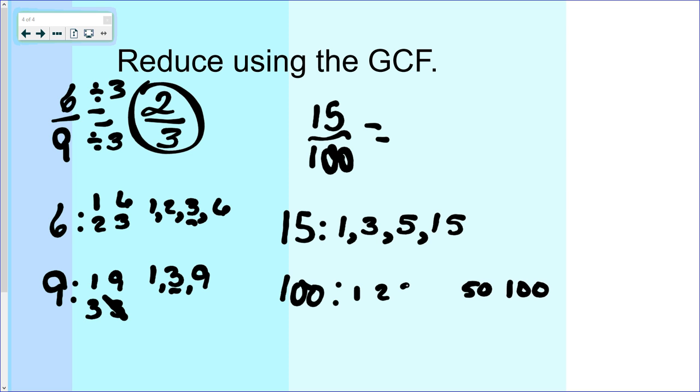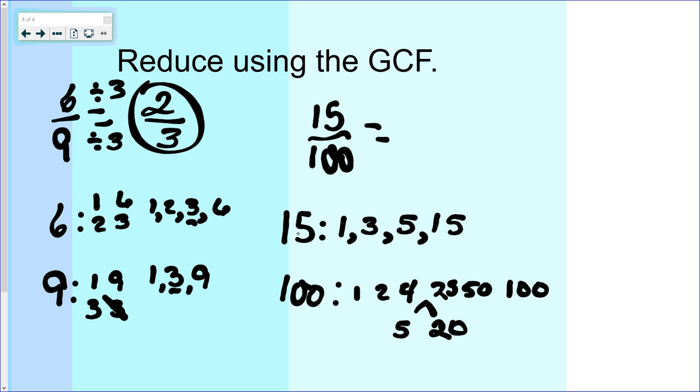I know there's 4 and 25. Oh, and I need even more space. And I know there's 5 and 20. Sorry about that, I was fixing my board. Okay, so we have 1, 2, 4, 5, 20, 25, 50, and 100.